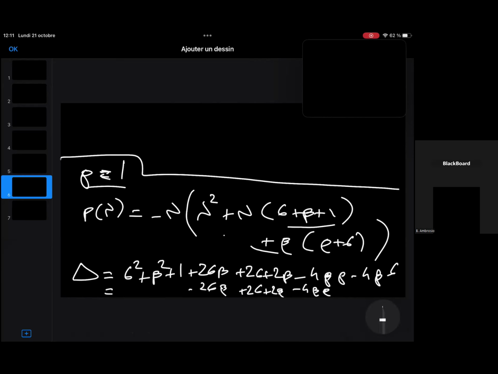So finally, I'll get, let's write P lambda as sigma minus beta plus 1 square.